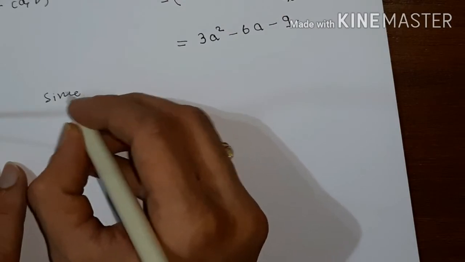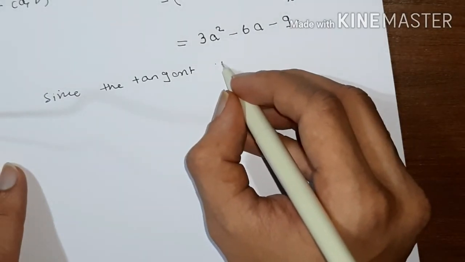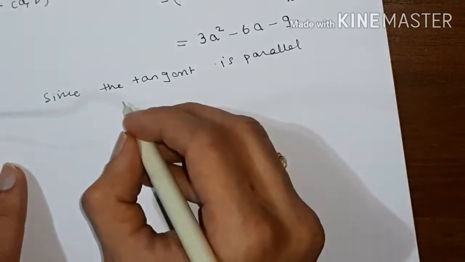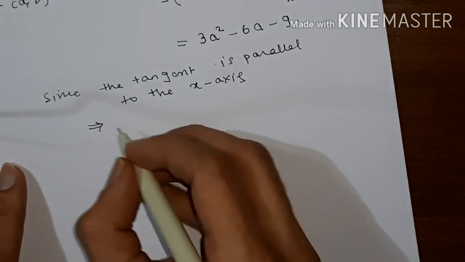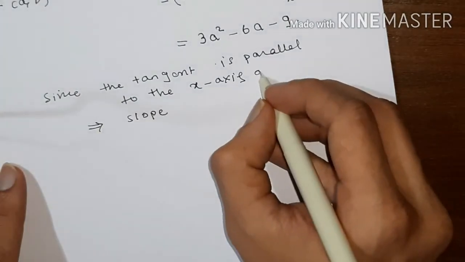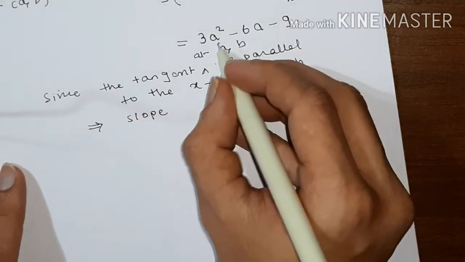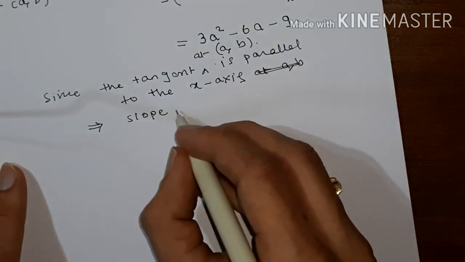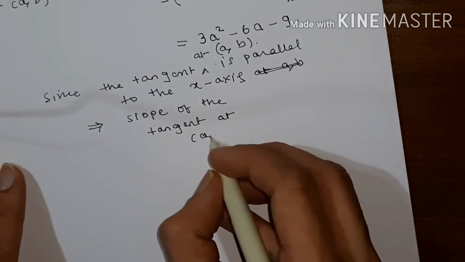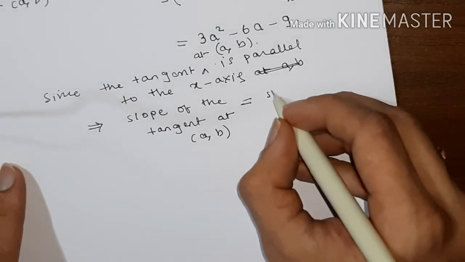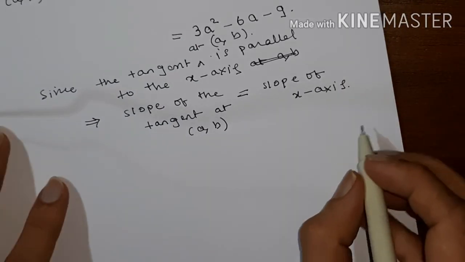Now since the tangent at a comma b is parallel to the x axis, that means the slope of the tangent at the point a comma b is equal to the slope of the x axis.